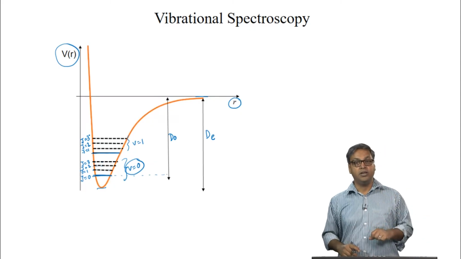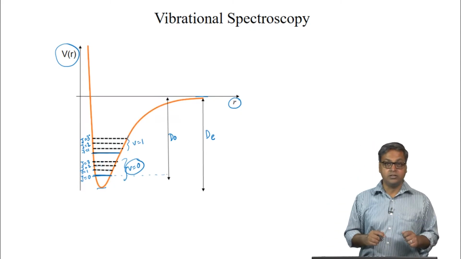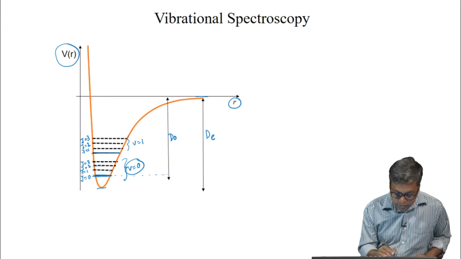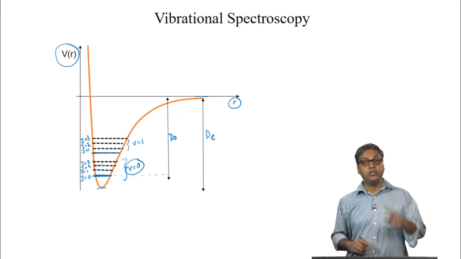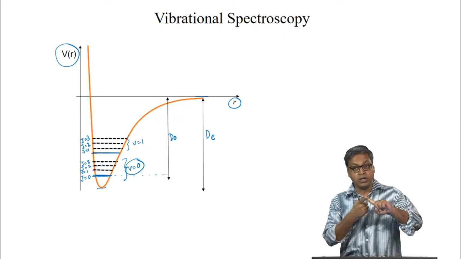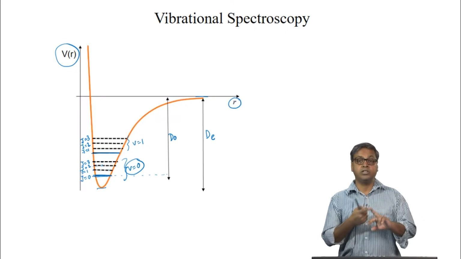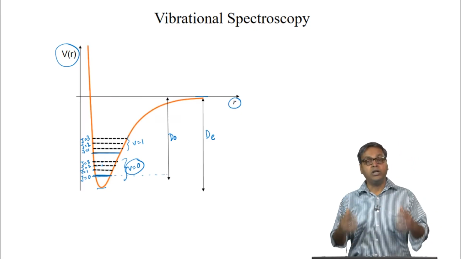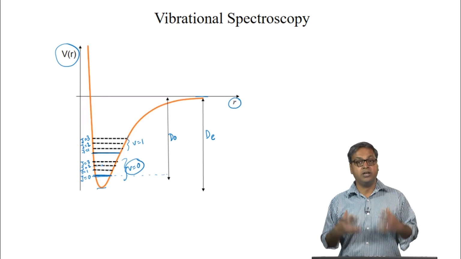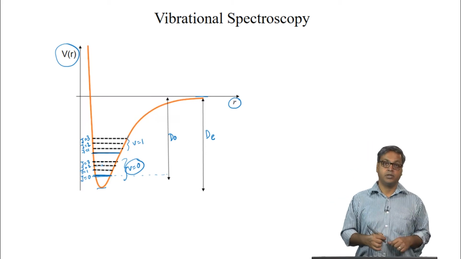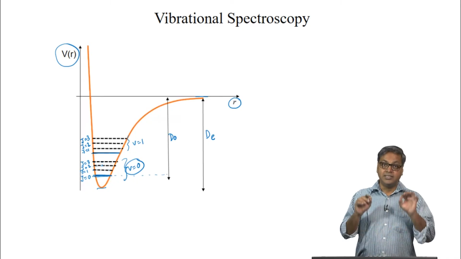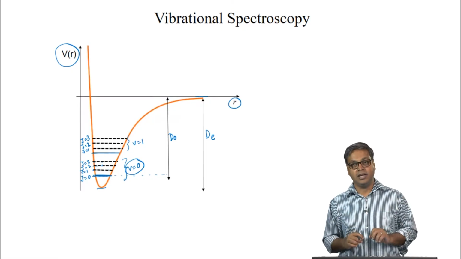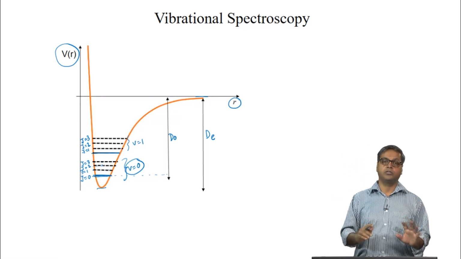More importantly, we can define these levels on a given electronic state, either the solid lines or the dashed lines, by two quantum numbers: the vibrational quantum number v and the rotational quantum number J. In other words, we know how much rotational and vibrational energy the molecule has. The total energy is just the sum of the vibrational and rotational energies, and that is the basis of spectroscopy.